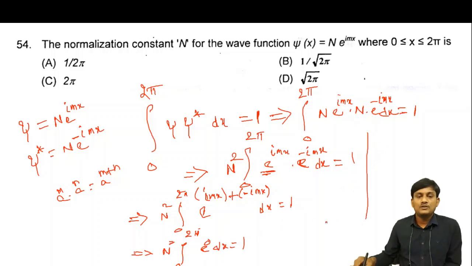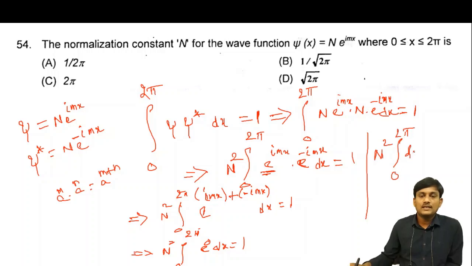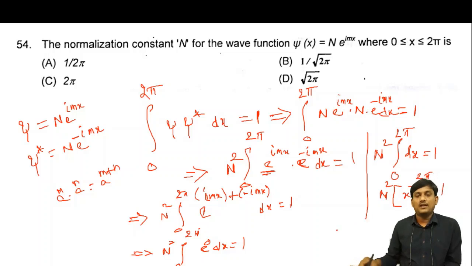Then what is the value e power of 0? It will be 1. So n square integral 0 to 2 pi 1 into dx, it will be dx is equal to 1. We know the integral dx is x, n square. So this is the x, and these are the limits 0 to 2 pi is equal to 1.